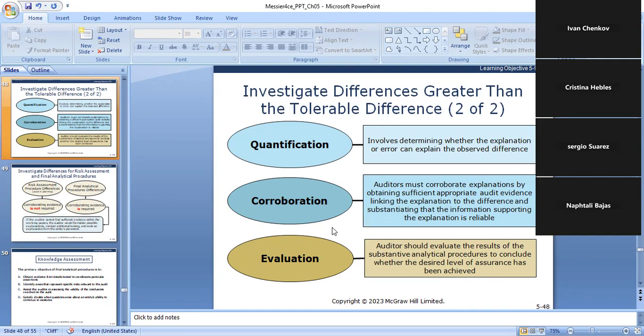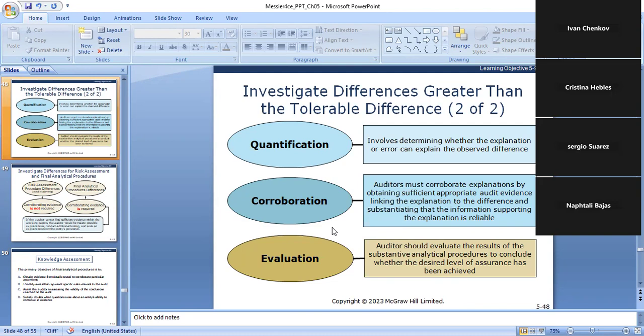Quantification involves determining whether the expectation or error can be explained by the observable differences. Corroboration: the auditor must corroborate the explanation by obtaining sufficient appropriate audit evidence linking the explanation of the differences and substantiating that the information supporting the explanations is reliable.